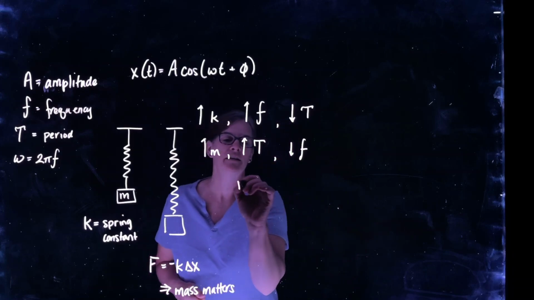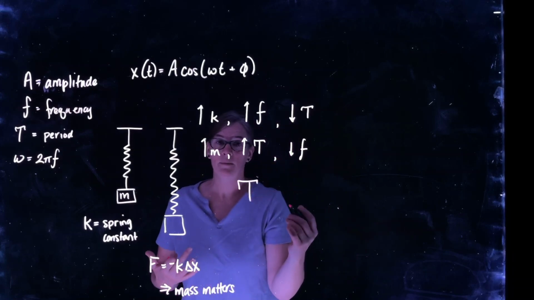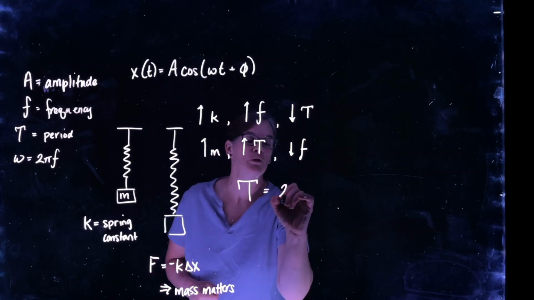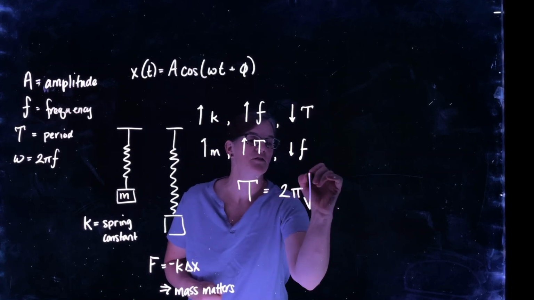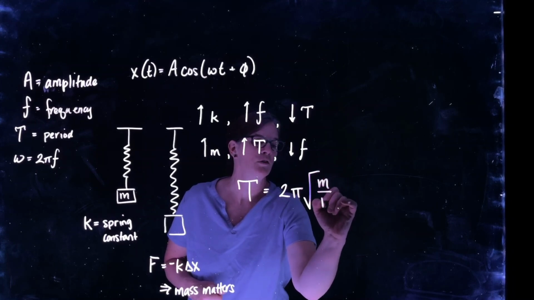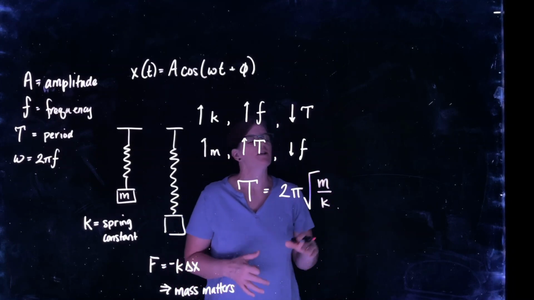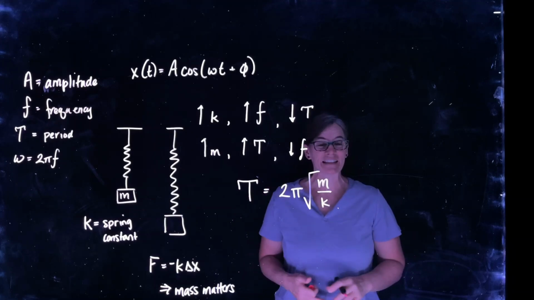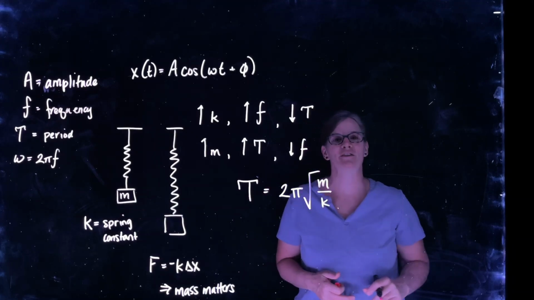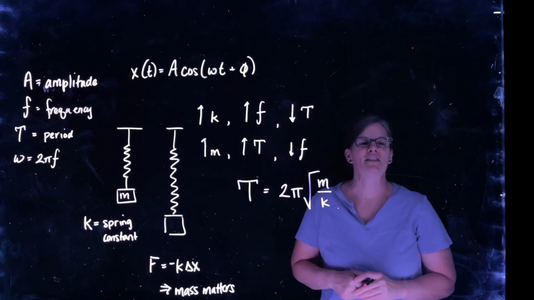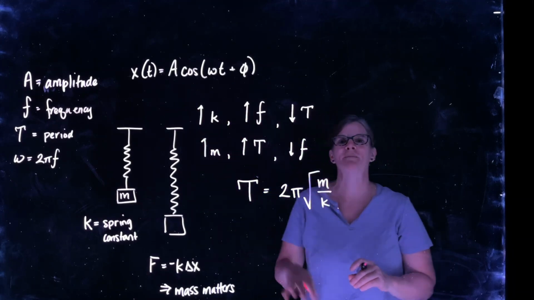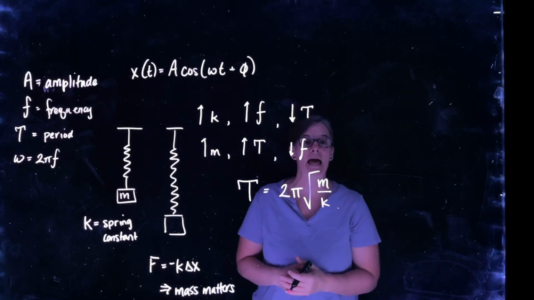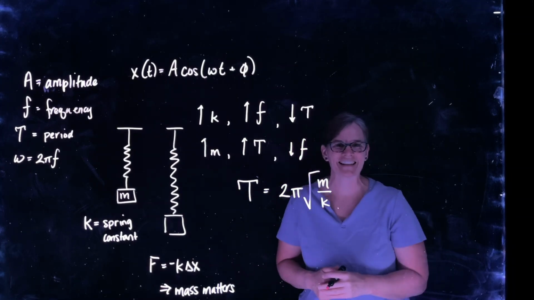The period of a simple harmonic oscillator on a spring is equal to 2 pi times the square root of the mass over the spring constant. And your book, any book that you're using, if it's a calculus-based book especially, is going to go through the derivation of that, looking at the equation for motion and the restoring force, how the restoring force dictates that motion, and it'll get to this value.